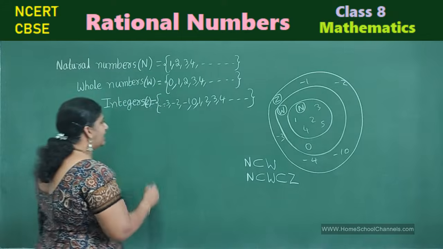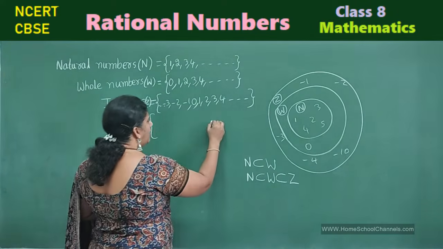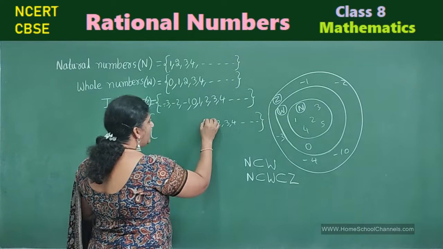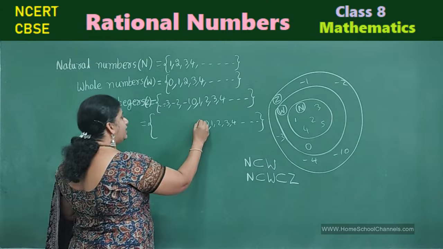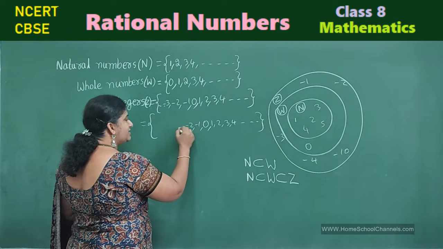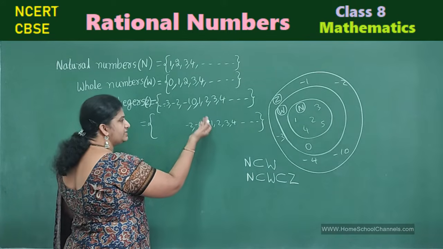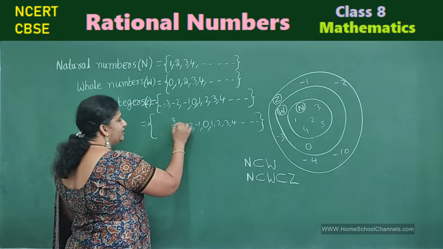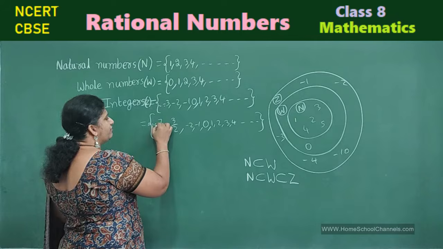So what is the next type of numbers? Look here. Counting numbers, whole numbers, along with zero, along with negative numbers. See here: counting numbers, whole numbers, integers, and you can take 3 by 2, 7 by 5 or 7.5.